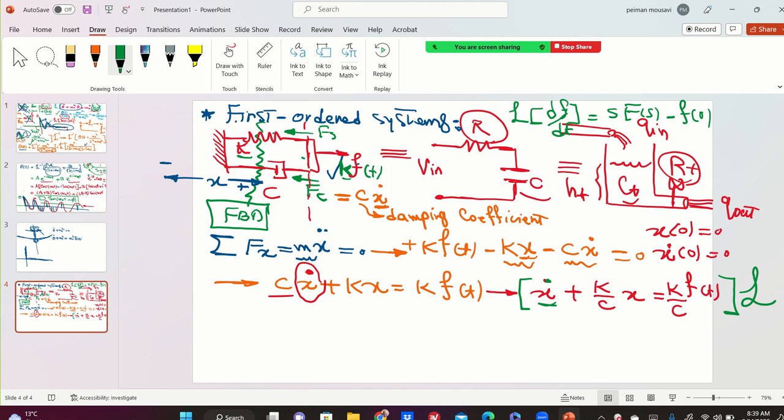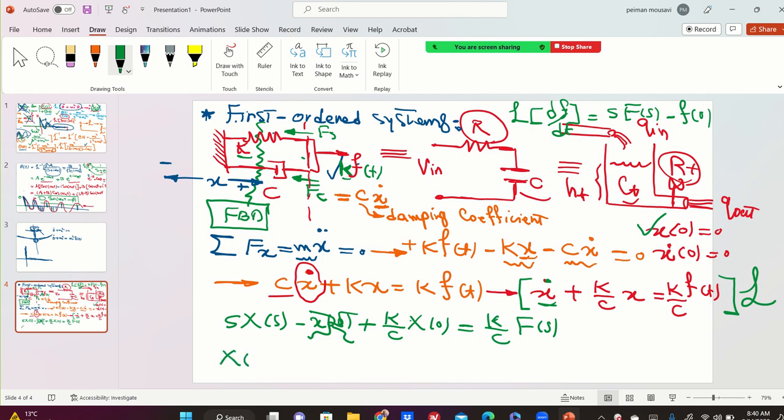So Laplace of x dot is s X(s) minus x at time 0, plus k over c X(s), with x at time 0 being 0, equals k over c F(s). So you can factor out X(s): (s plus k over c) X(s) equals k over c F(s).